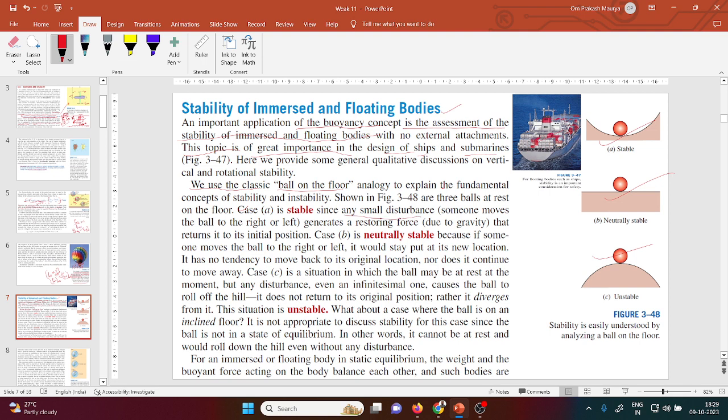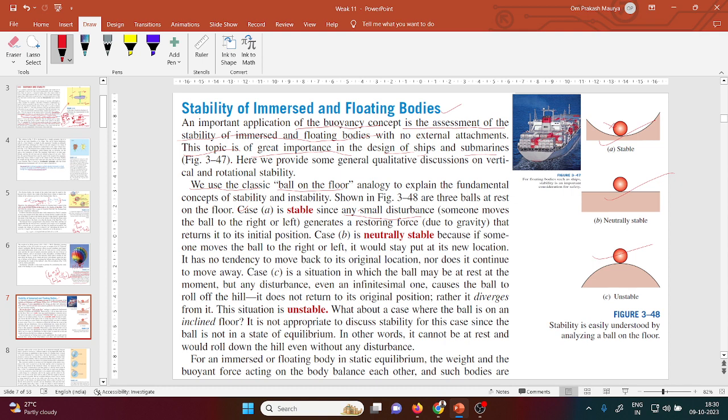any small disturbance, like if we have applied some force from this direction, what will happen? Someone moves the ball from right to left and it generates a restoring force due to gravity, and that results in the initial position.